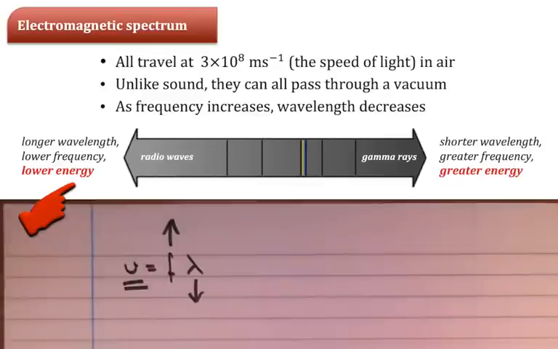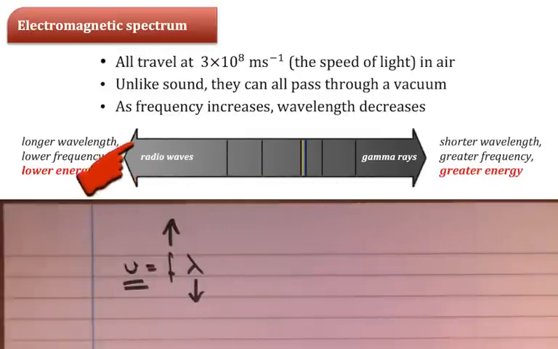So we talk about light particles known as photons, and the energy of these photons is related to the frequency. So over at this end, the gamma rays have the greatest frequency, and the energy of these photons is directly proportional to the frequency. Gamma rays have the greatest frequency and therefore gamma ray photons have the greatest energy.